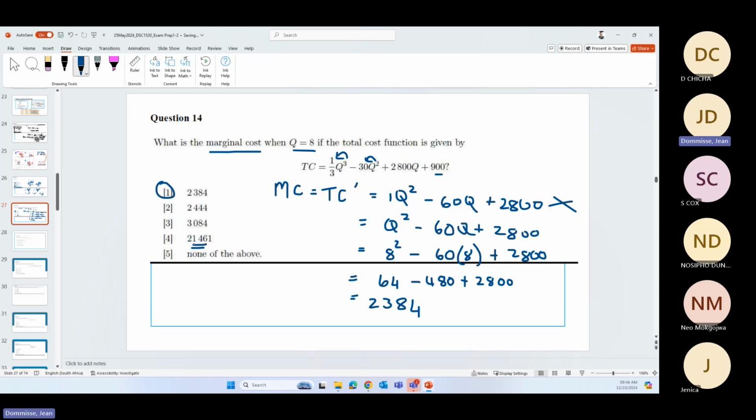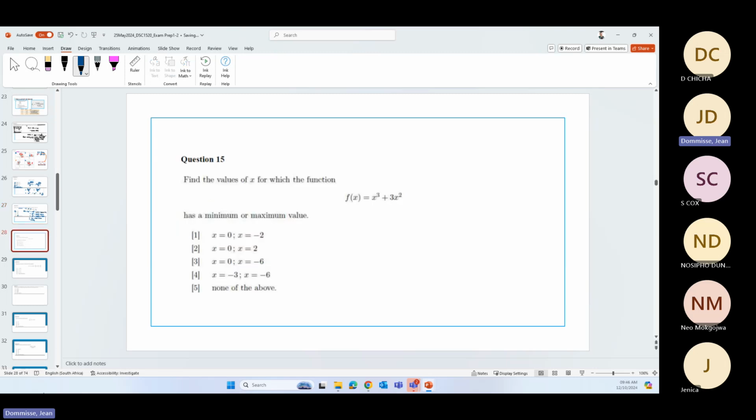But that 21,000 is, if you put 8 in this original function, you will get option 4. Okay, so from total cost to marginal cost, we needed to differentiate.